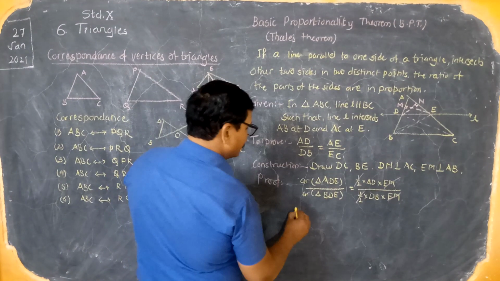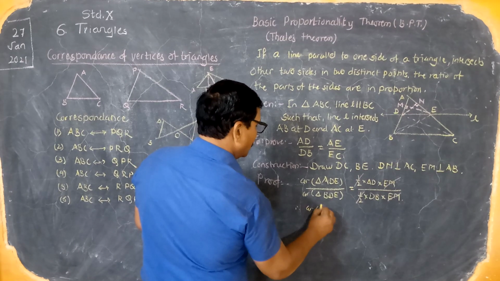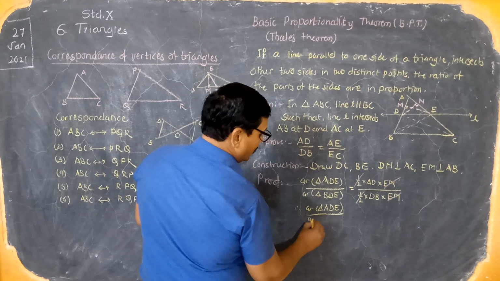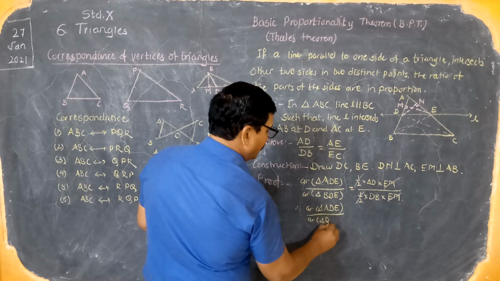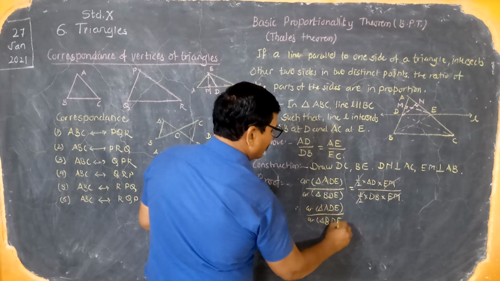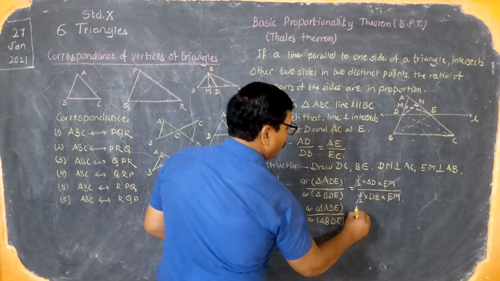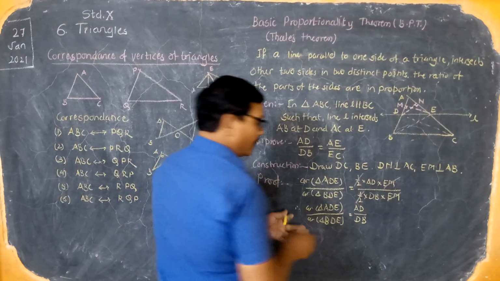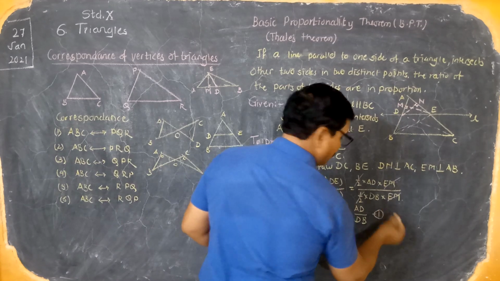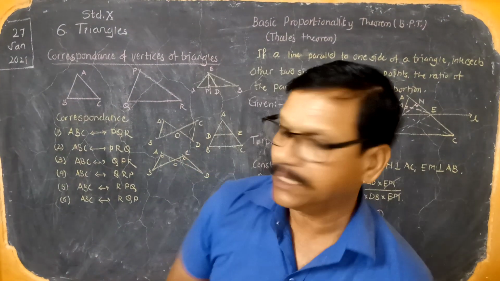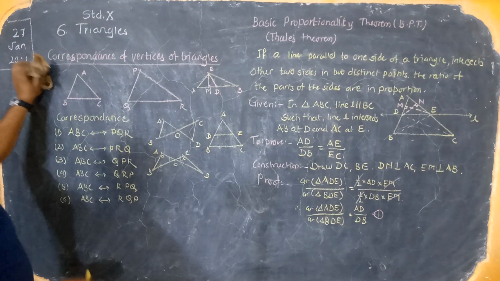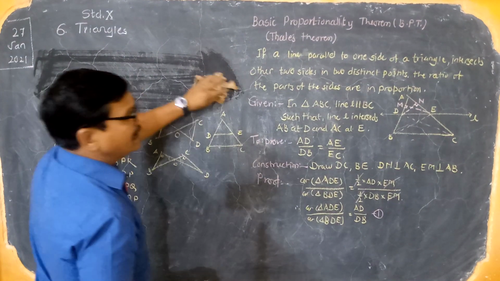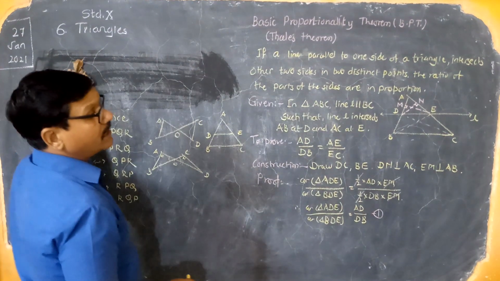Therefore we get area of triangle ADE upon area of triangle BDE is equal to AD upon DB. Now this is equation 1.